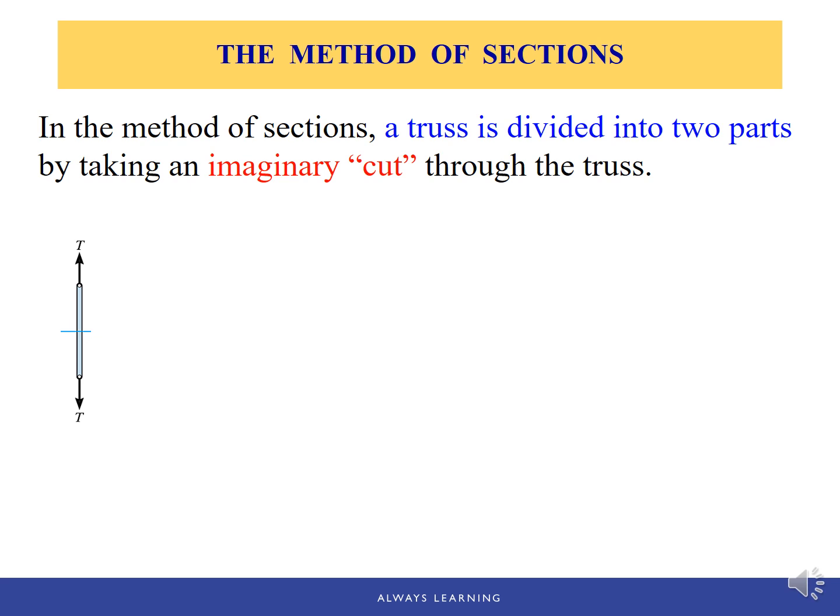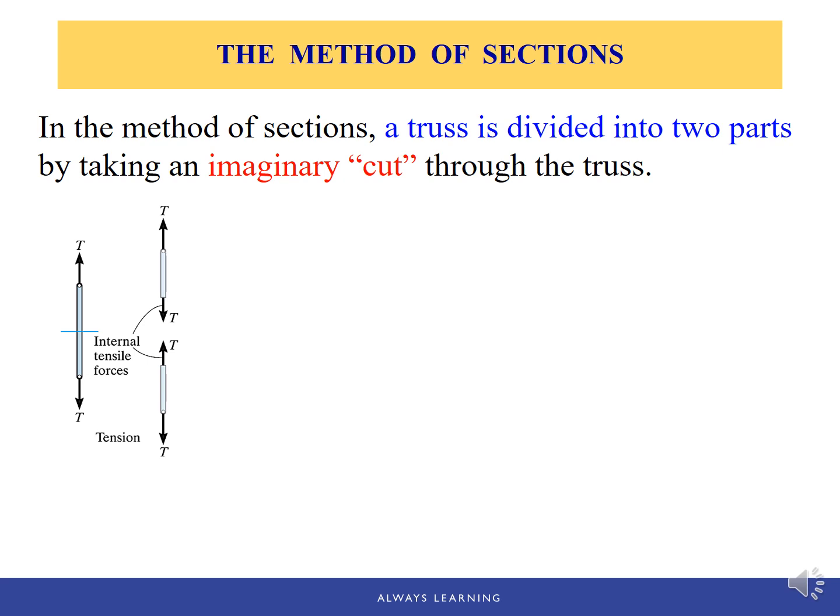So we're going to run an imaginary cut at any location along this member. By doing that, we now have two segments, the top and the bottom. If the entire truss member is in equilibrium, then each part of the truss member is also in equilibrium.